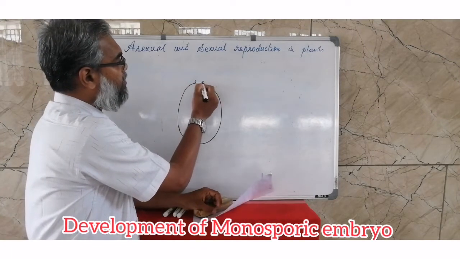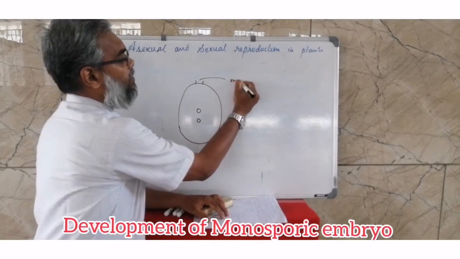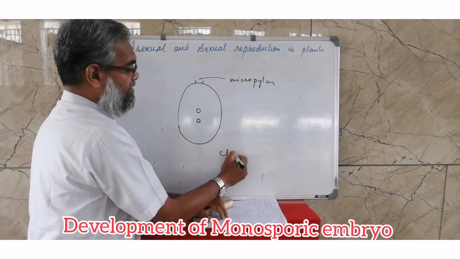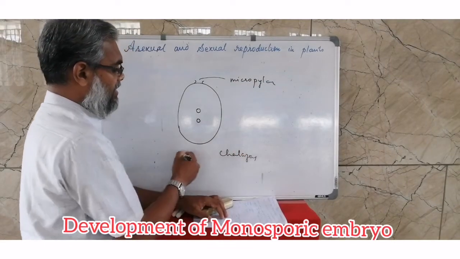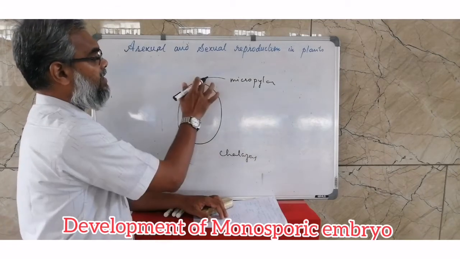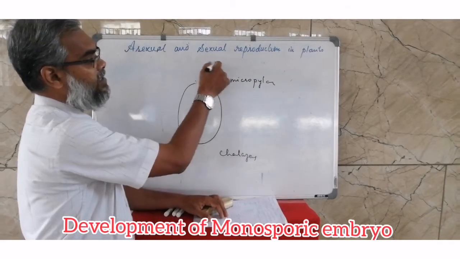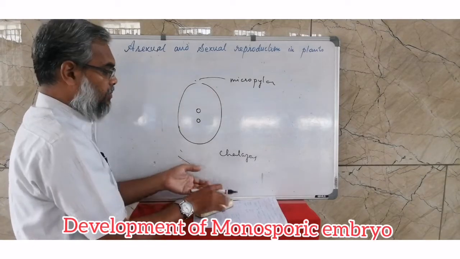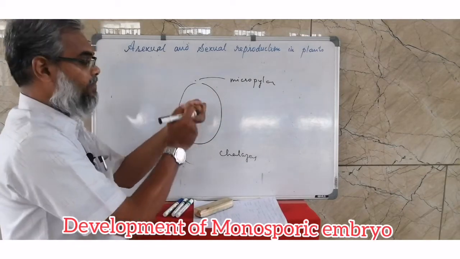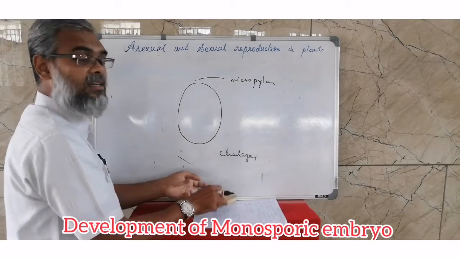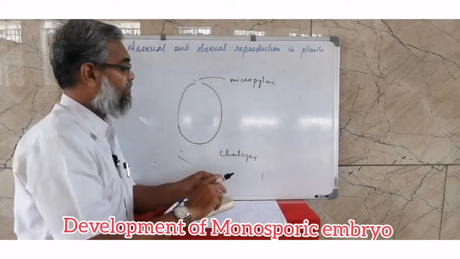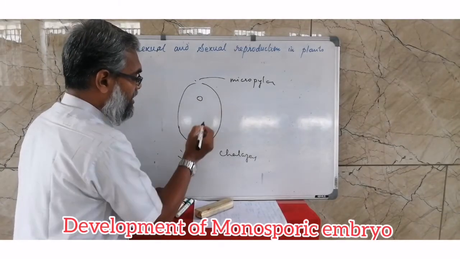Imagine this is the micropylar end, and this is the chalazal end. They move towards the opposite pole. It will be pushed, and mitotically it divides twice. So now already one cell is there.